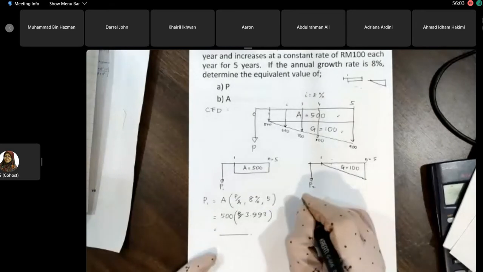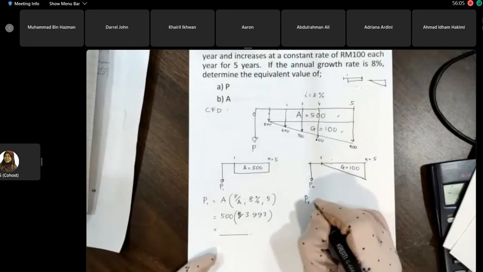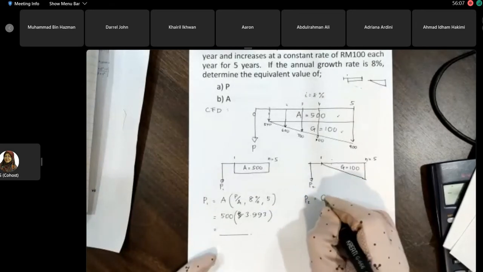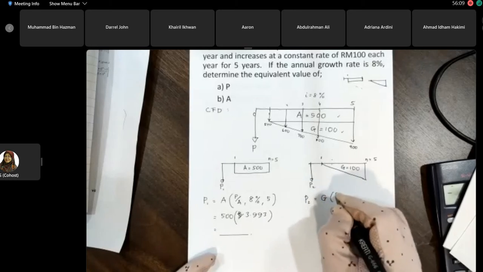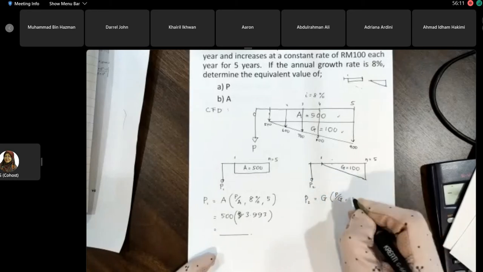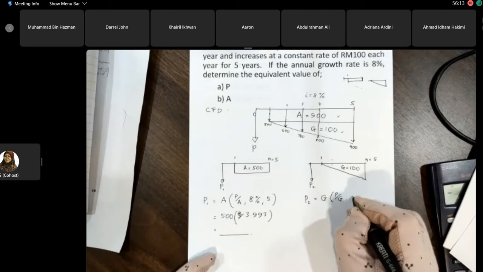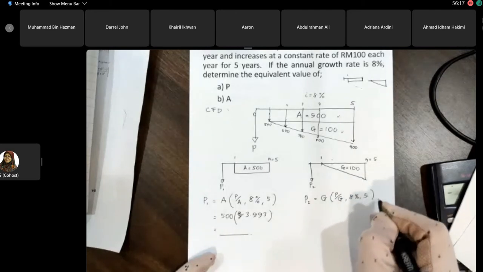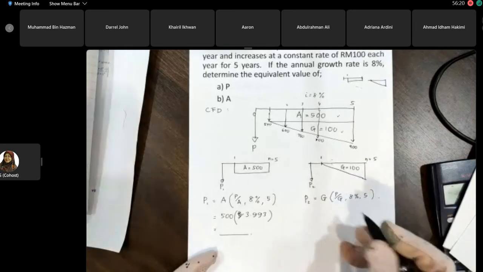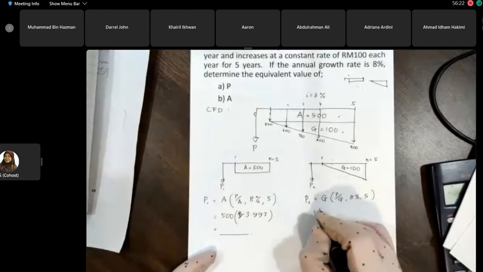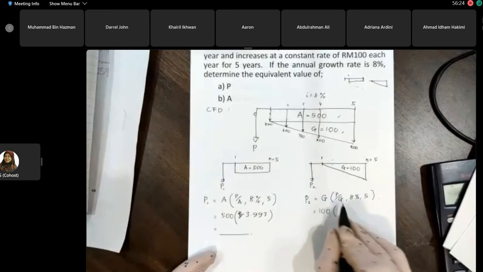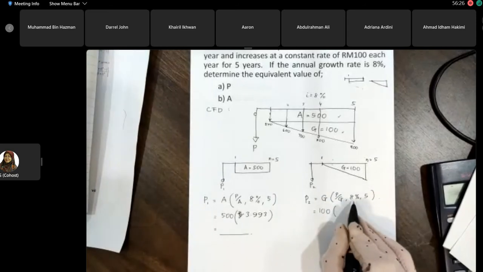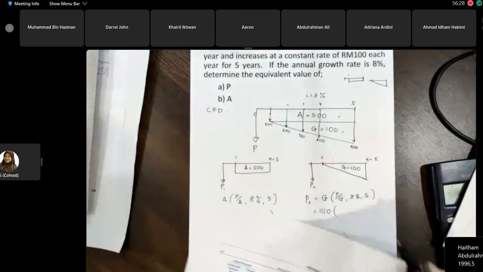And then this one P2 equal to G, so P over G. I is 8%. And then N is 5. So G is 100. Okay, find out in the table, 8% table.